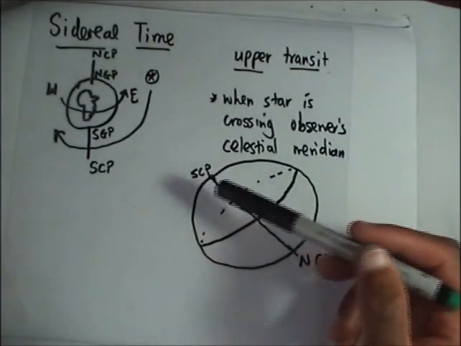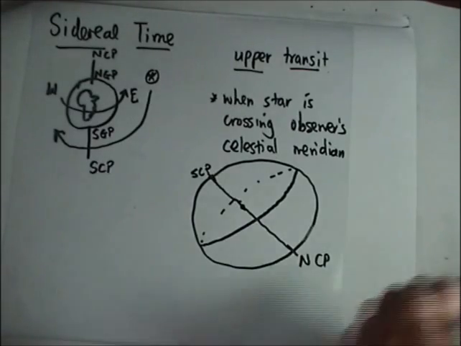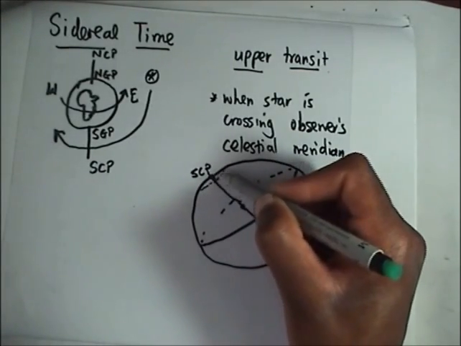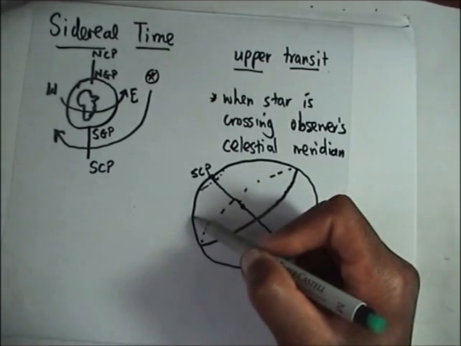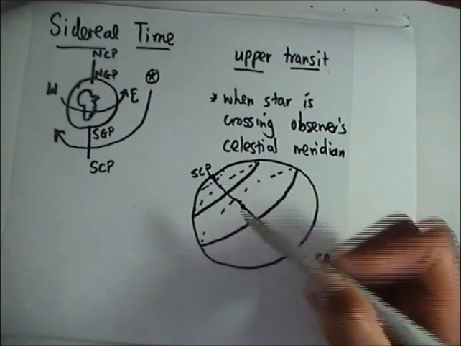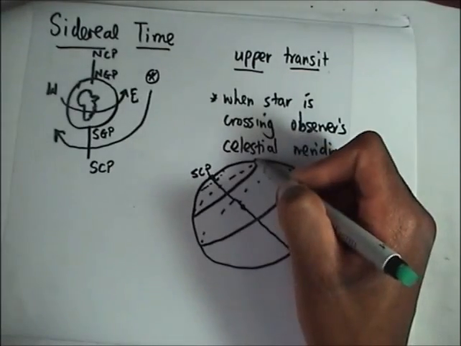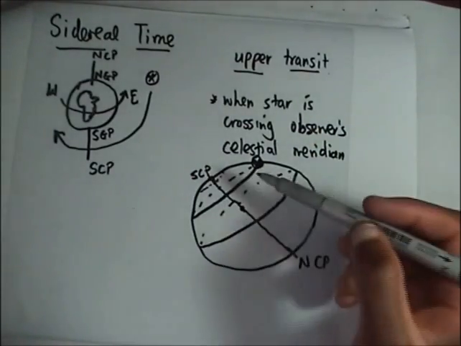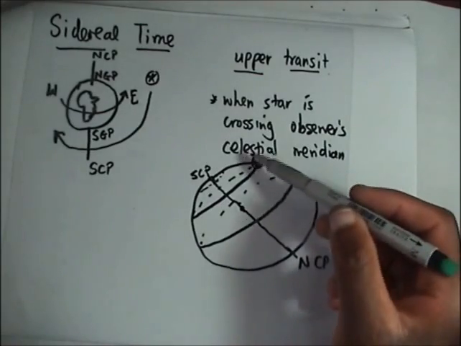Our stars move in paths that are parallel to the celestial equator. Imagine a star that moves in a path like this. When the star is crossing the observer celestial meridian at that point, we are calling it the upper transit point.